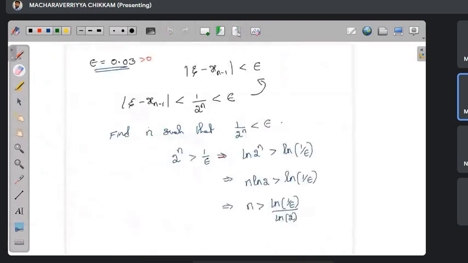So if you start with an interval that is A comma B, in that case, the formula must be written like this. Instead of writing 1 here, you must write B minus A. Okay. So here I'll have B minus A. Let me quickly rewrite it.